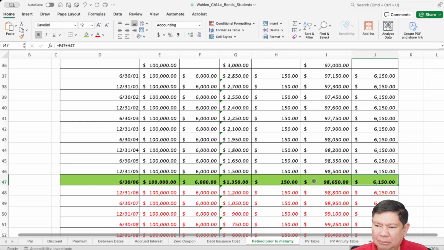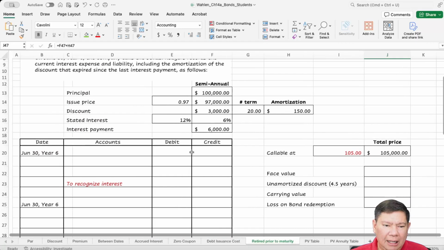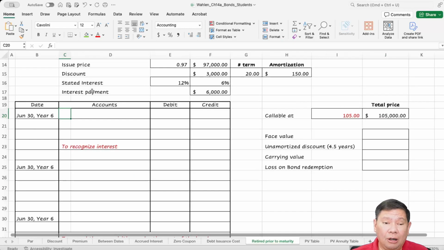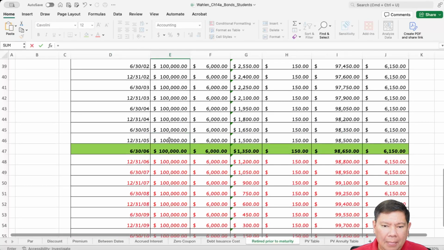And the interest expense is 6,150. So let's first pay the interest, the last interest before the call. We still have to pay that. Interest expense equals 6,150.